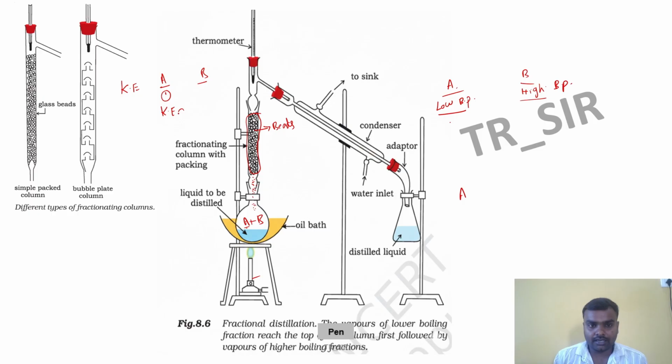The kinetic energy of A is more than the kinetic energy of B. Absolutely correct, no? The one with the high kinetic energy will tackle this speed breaker, go up, and condense here.